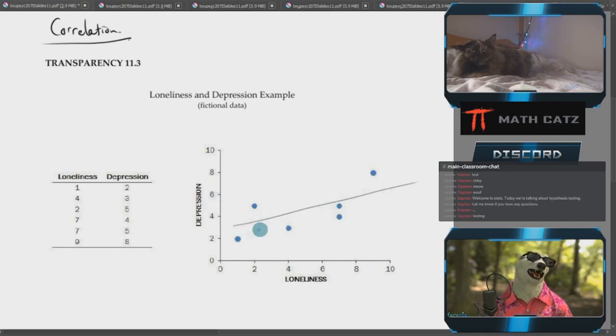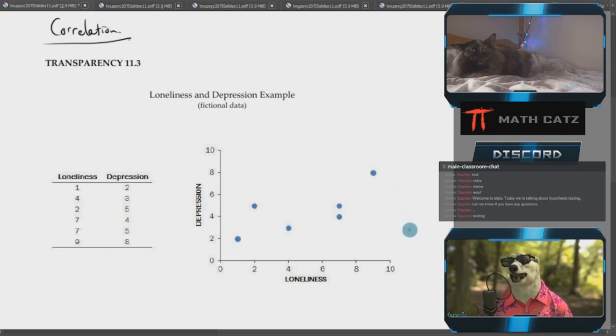See, the line is fairly flat. Now, this is just my rough line. Don't know if this is true or not. Fairly flat, which means if I increase the loneliness rating a lot, the depression rating does increase, but not by as much. It's a flatter line. But I do see some connection.